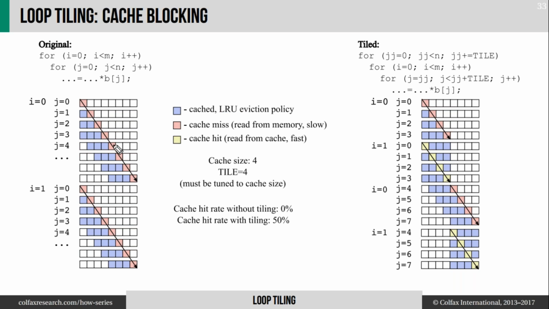And this way you will keep missing caches, keep going to memory more and more until you reach the end of the j loop, and only the tail of vector b is now cached. When you increment i and start reusing your data, b0, you're ready to reuse it, it's gone from the cache, so sorry, you'll have to go to memory again.